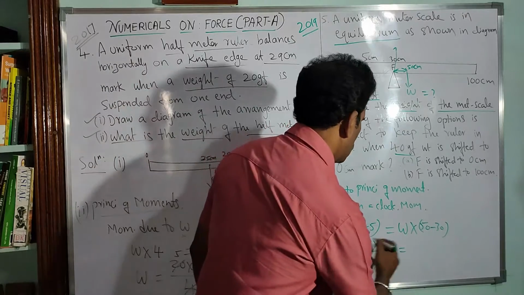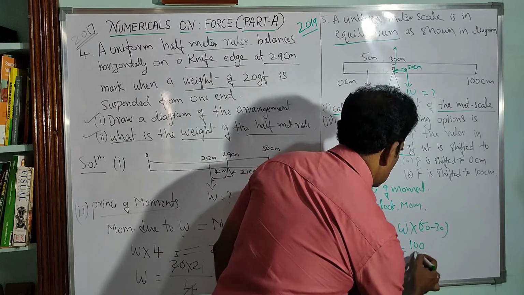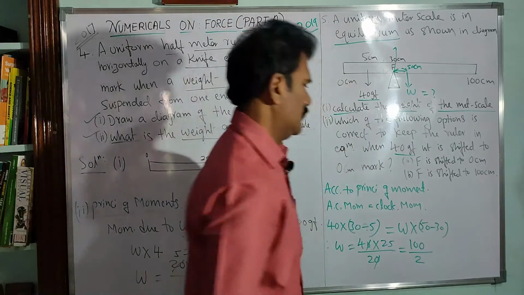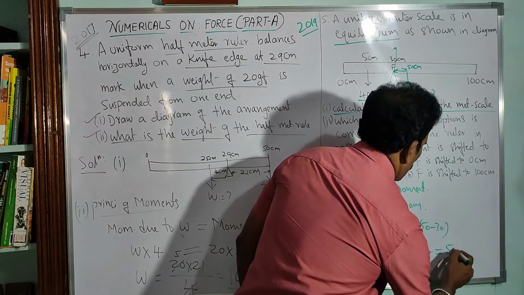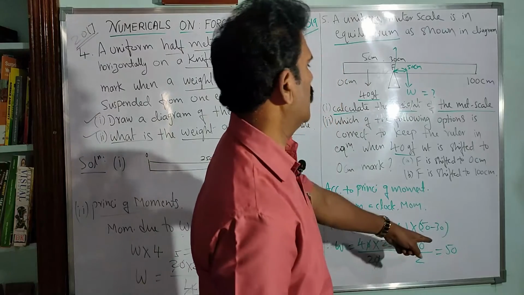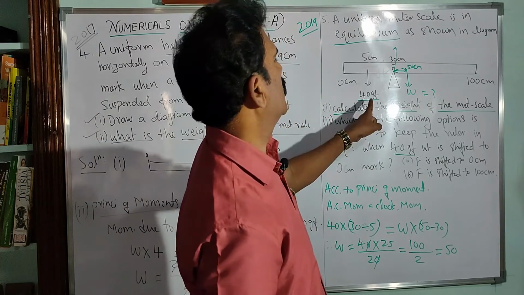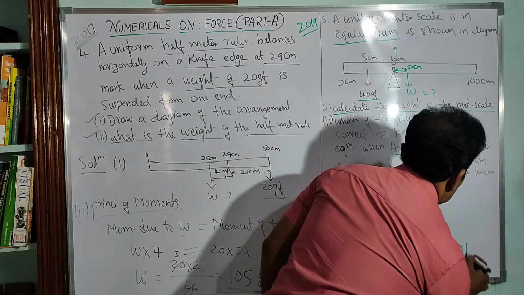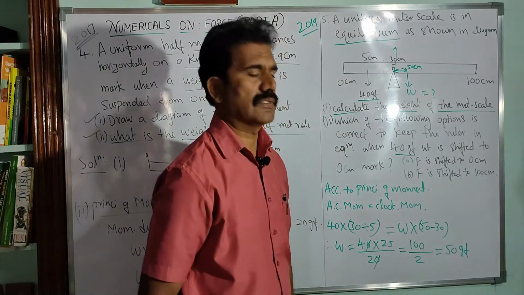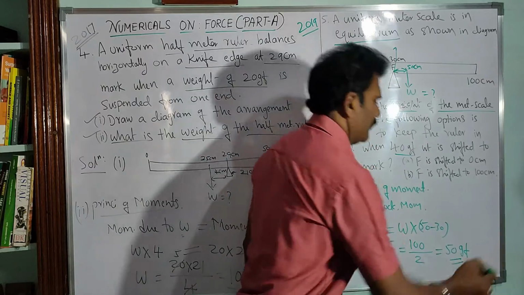So 25 into 4 is 100 divided by 2, so 100 by 2 is equal to 50. What is the unit to be applied for W? The same unit as the first force, 40 gf. So this is also in gram force. 50 gram force is the weight of the beam.